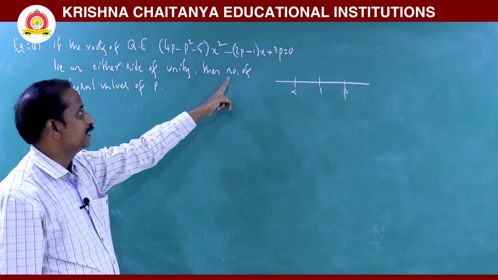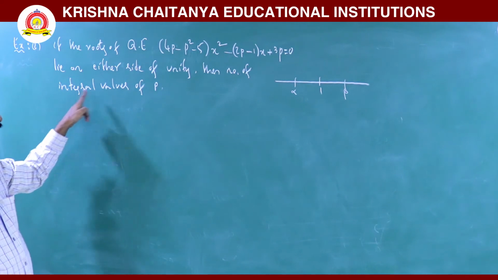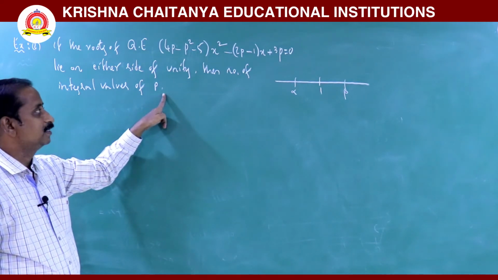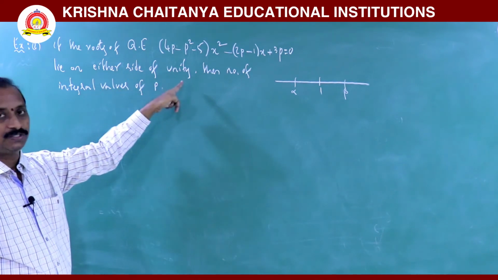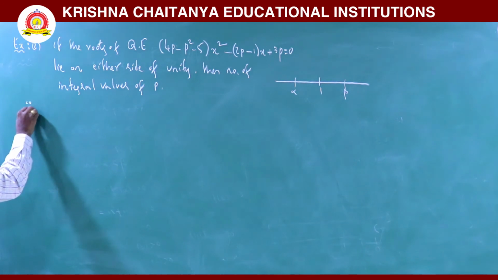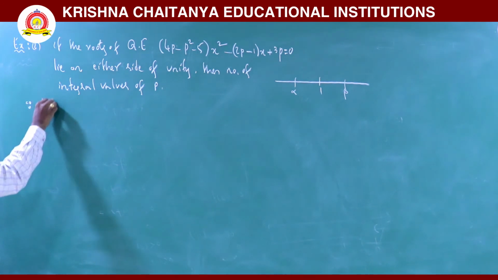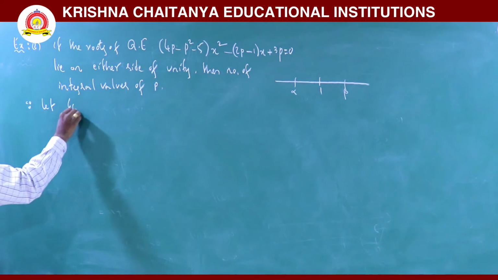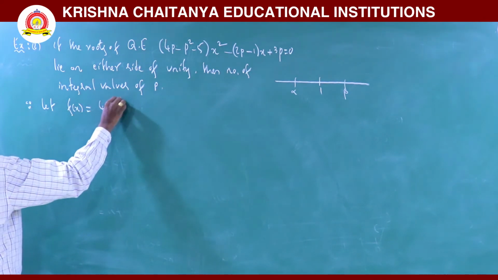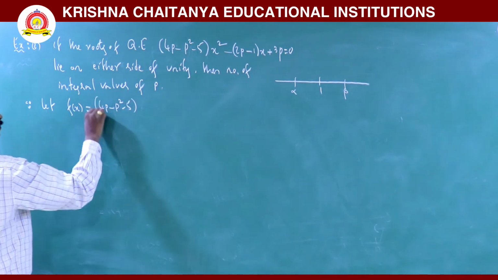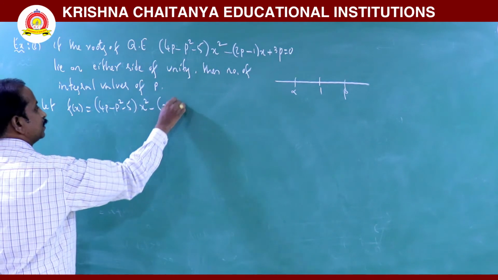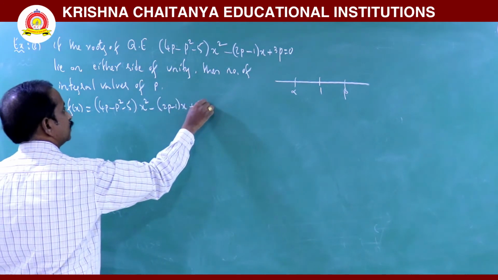Then what do we need? The number of integral values of p. We need the integral values of p for which this condition is true. Now, for convenience, consider the given quadratic equation as f of x, where f of x is equal to (4p minus p square minus 5) x square minus (2p minus 1) x plus 3p.